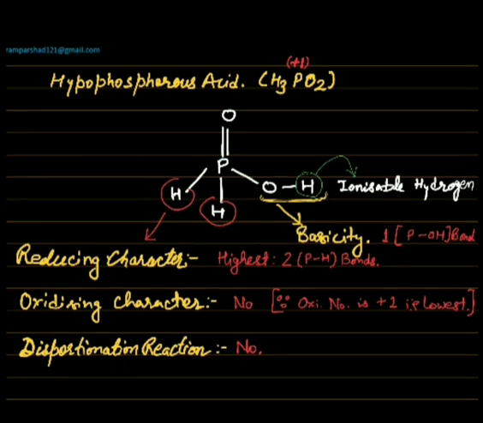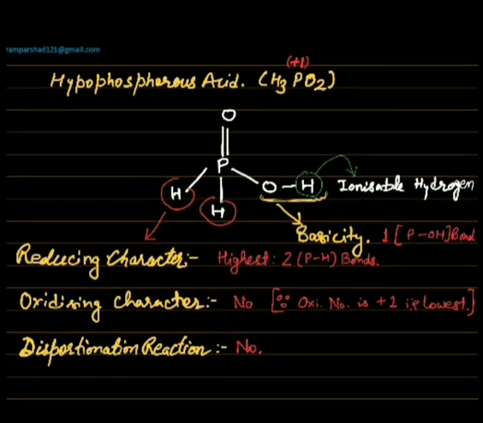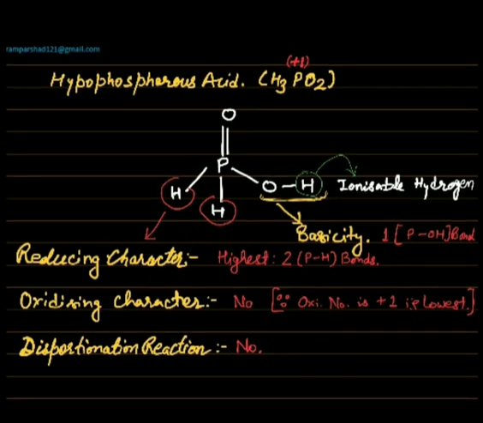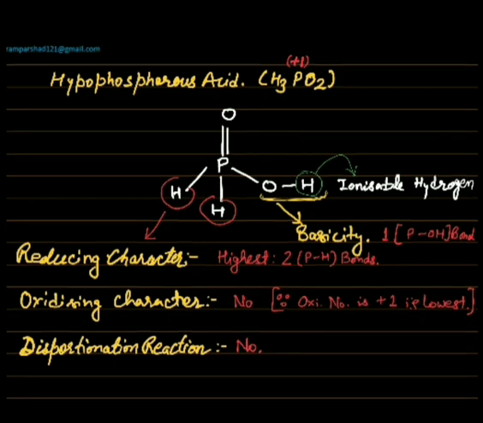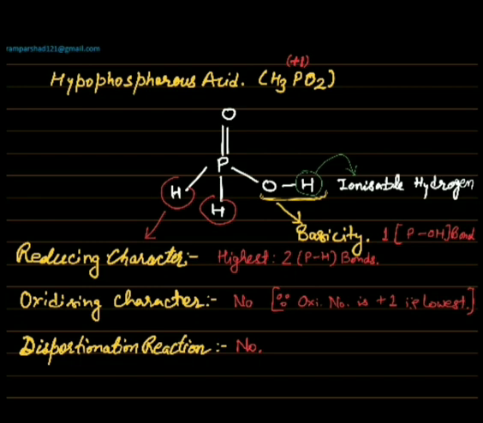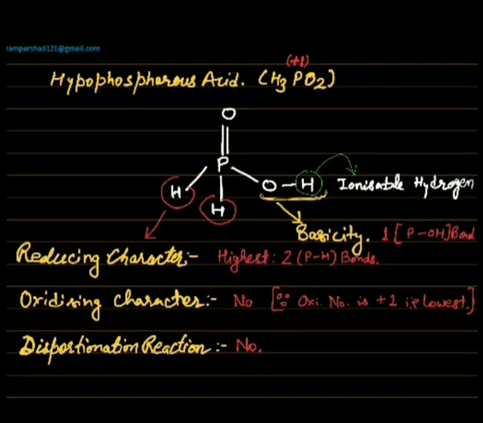Next is the reducing character. Reducing character depends upon the number of hydrogens directly linked to the phosphorus. As I have mentioned here, the 2 hydrogens encircled in red ink are directly linked to the phosphorus, and they impart the reducing character to the oxoacid.